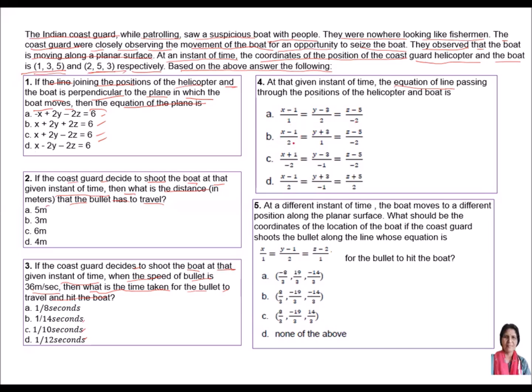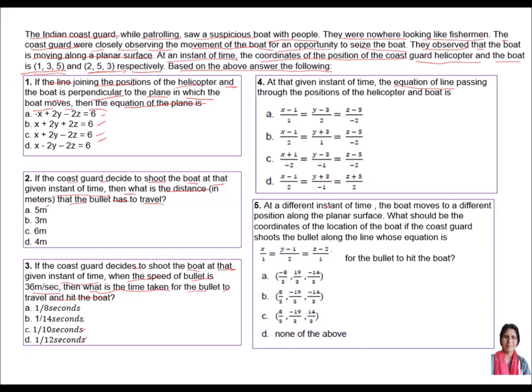Second is x minus 1 upon 2 is equal to y minus 3 upon 1 is equal to z minus 3 upon minus 2. Third is x plus 1 by minus 2, y minus 2 upon minus 1, z minus upon minus 2. Fourth is x minus 1 upon 2, y plus 3 upon minus 1, z plus 5 upon 2.